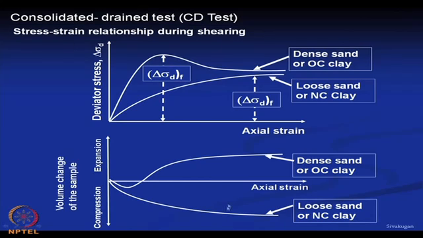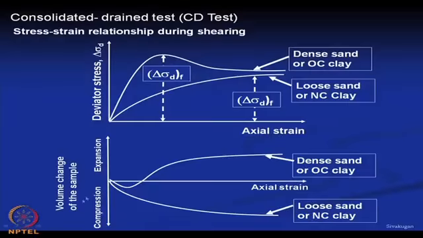This is due to the reason that for the loose sand, as we apply the load, the voids between the soil grains will reduce continuously. But in dense sand, the void between the soil grains is already very small, in a packed condition. So if we further apply stress, the volume will slightly reduce again and it will become a very dense condition.